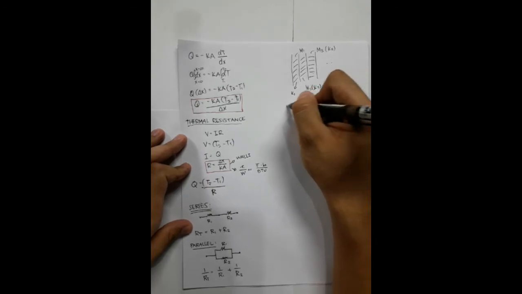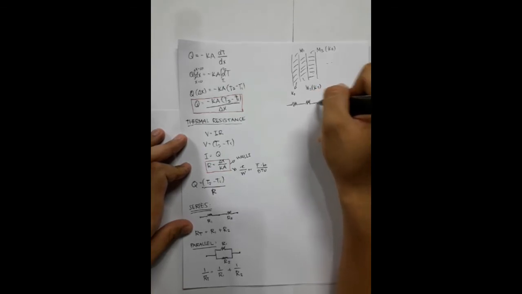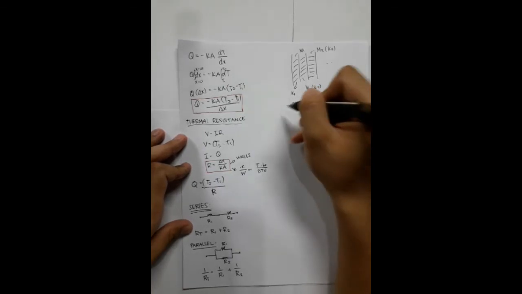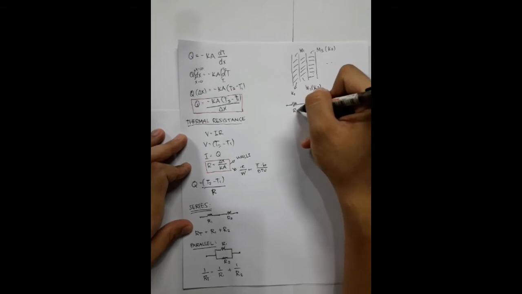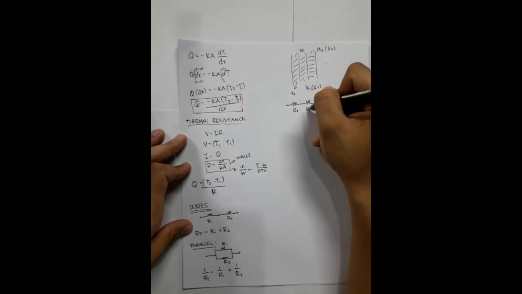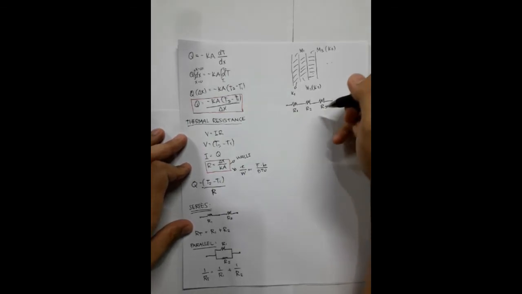So, paano ulit pag ganyan nakaseries siya? So, isulat natin yung circuit niya para mas maintindihan natin. So, yan. So, yung M1 or material 1 is yun yung unang resistance natin or yung R1. Material 2, R2. Tapos yung pangatlo po is yung sa material 3 or yung R3.